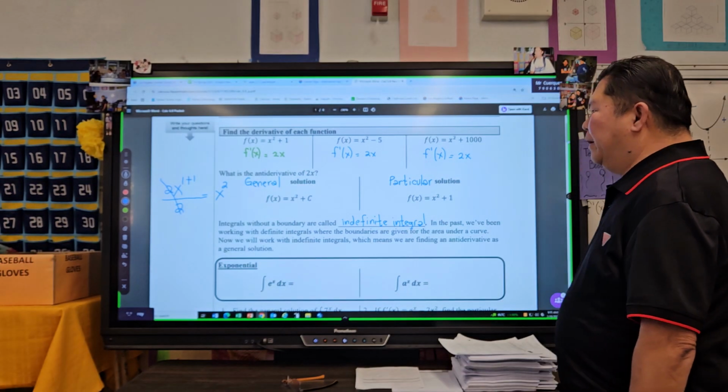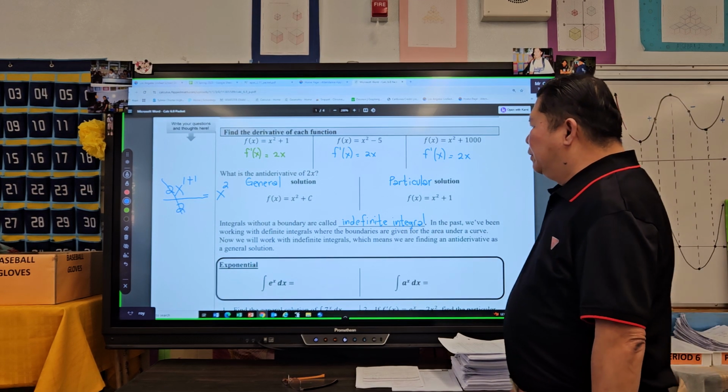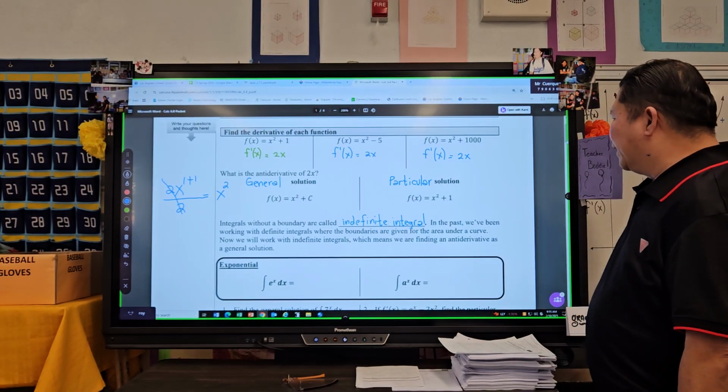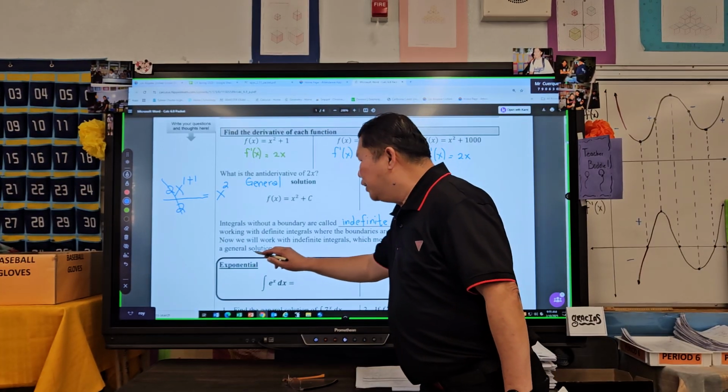In the past, we've been working with definite integrals where the boundaries are given for the area under a curve. Now, we will work with indefinite integrals, which means we are finding the antiderivative as a general solution.